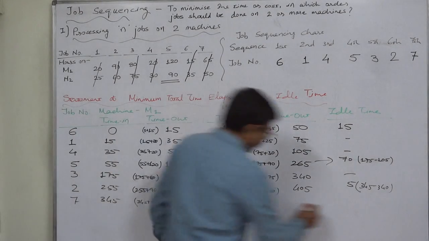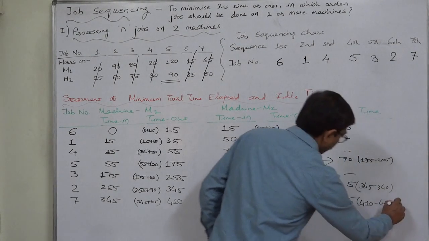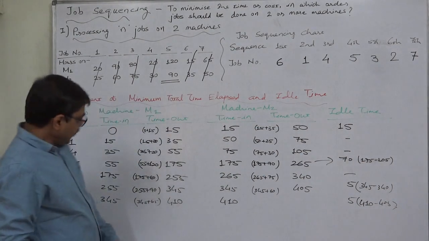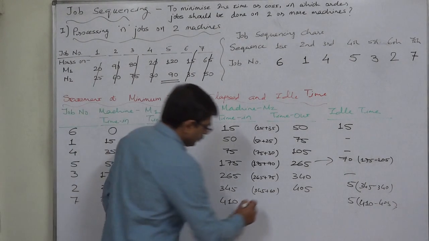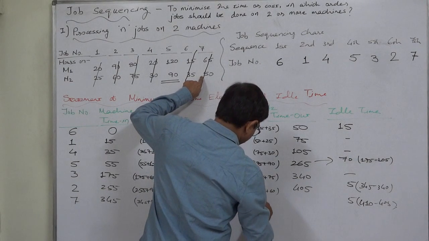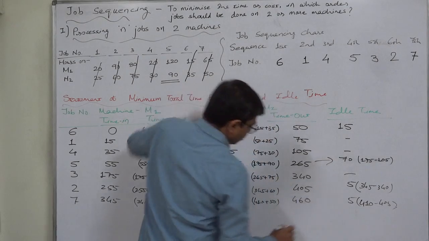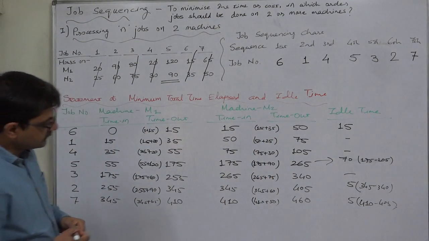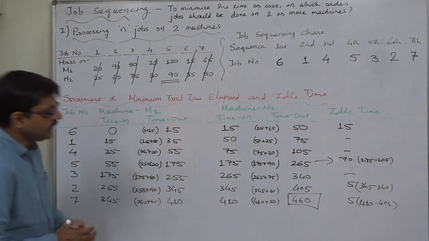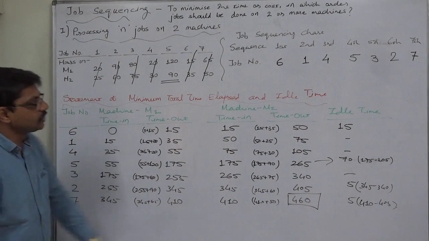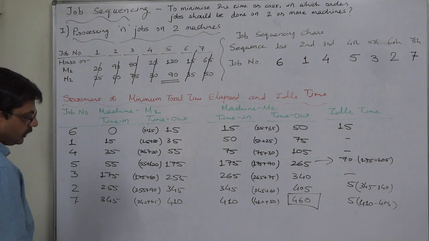Again, this is the case of idle time. 5 hours idle time, 410 minus 405. Timing for job number 7 on machine 2 is 410 and it requires 50 hours. 410 plus 50, 460. So we can say that in total 460 hours we can complete all the 7 jobs on these 2 machines in order, machine 1 and machine 2.